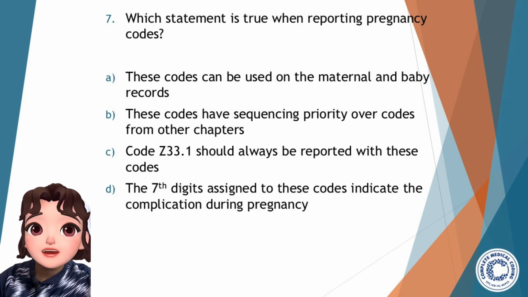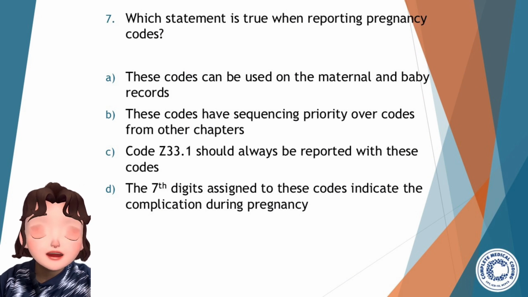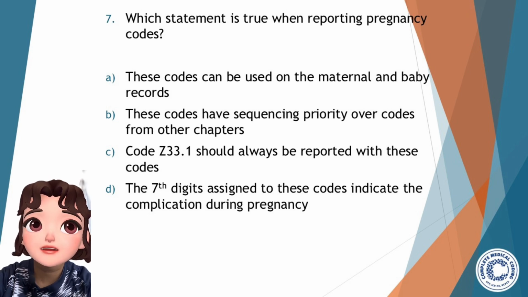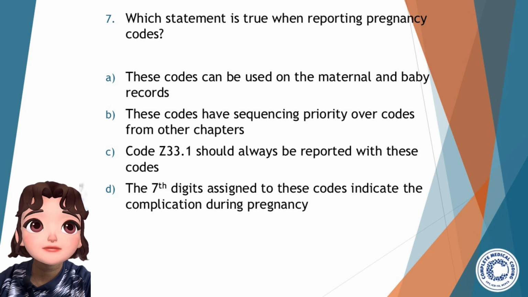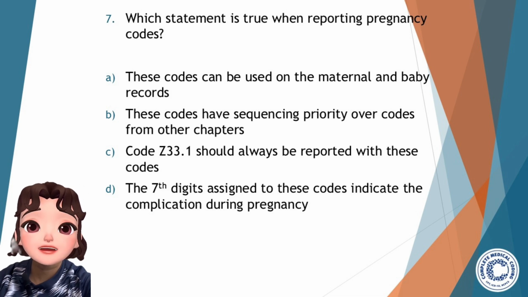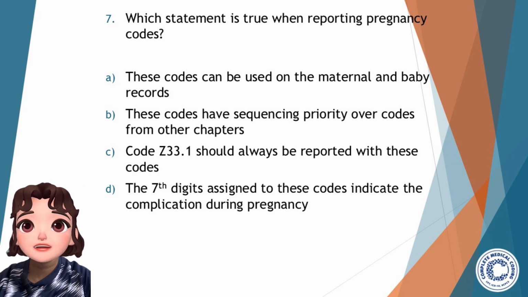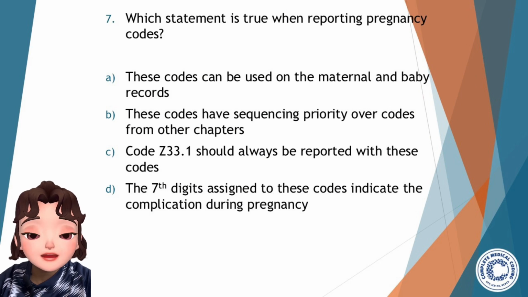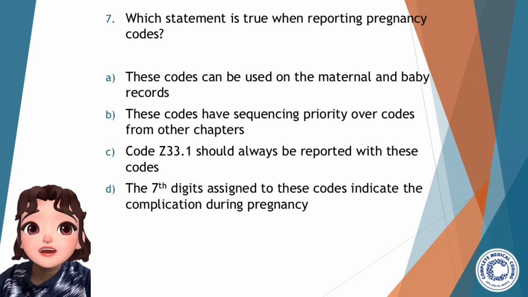Option C, code Z33.1 should always be reported with these codes. It is not necessary that we should always code Z33.1. What is the Z33.1 ICD code? It represents a pregnant state, incidental, but it's not necessary that we should always code that one. That's also not the correct one.